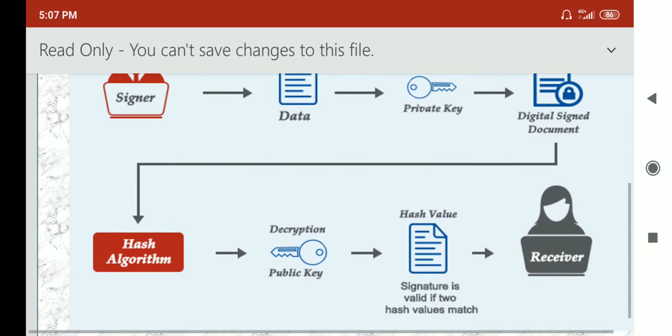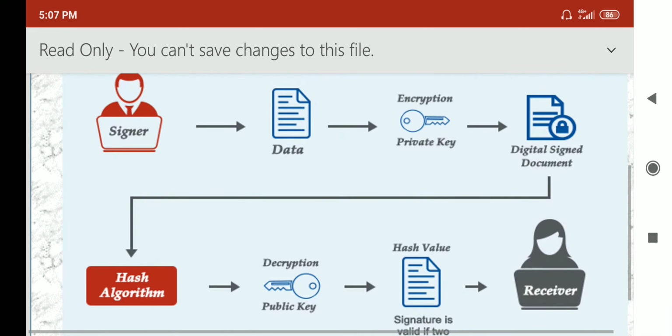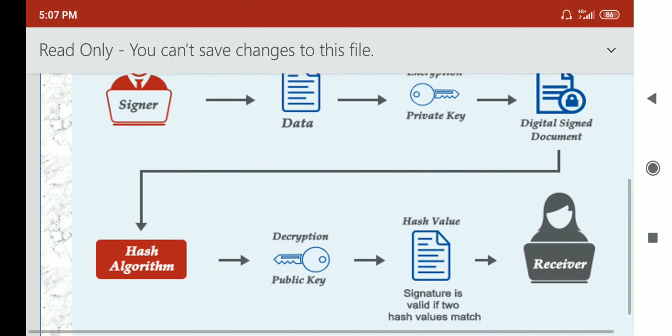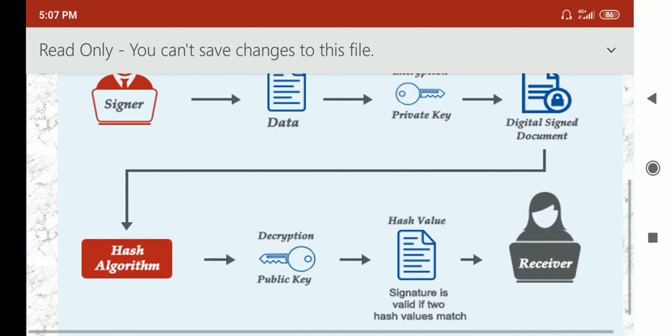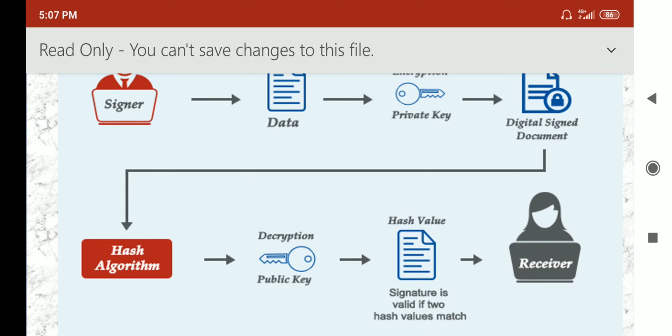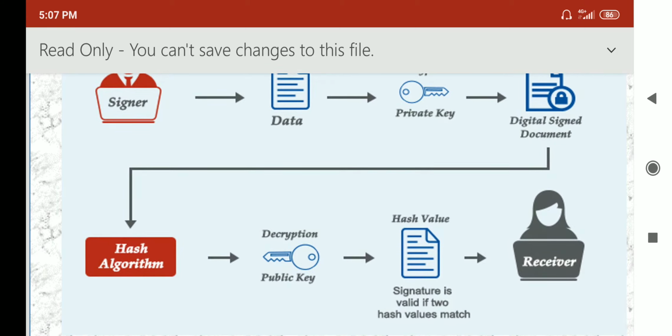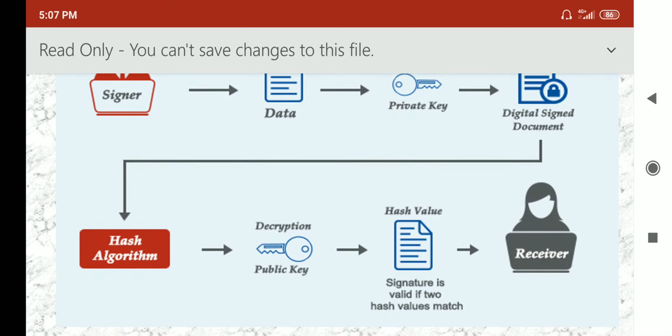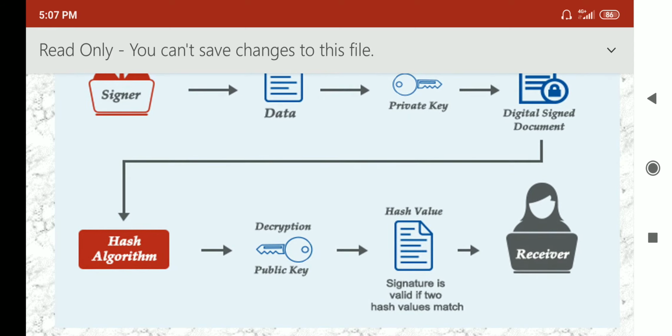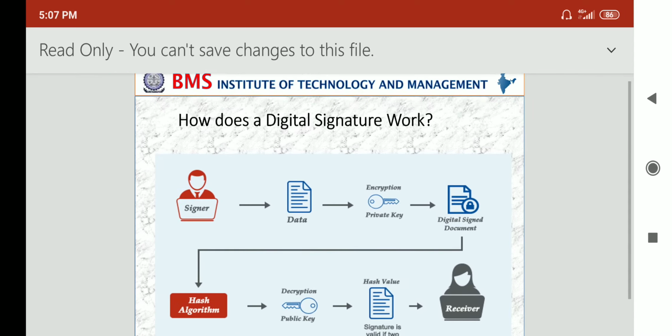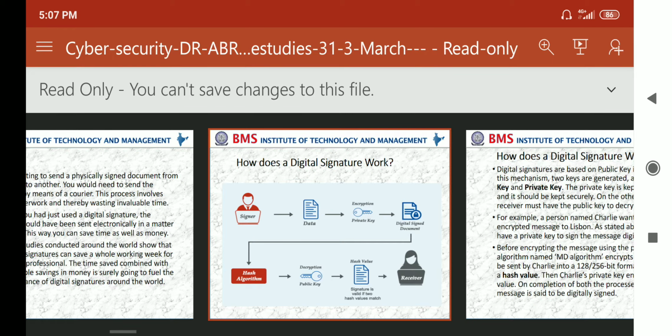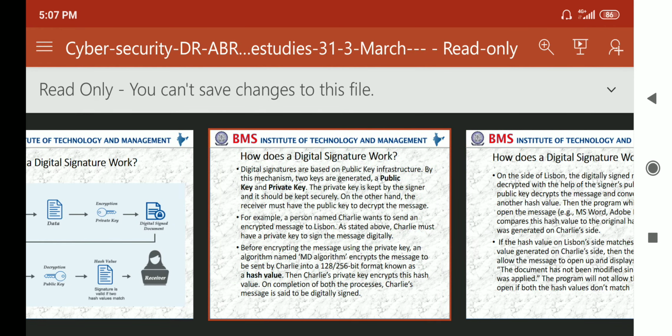Such a document will be hashed to get the hash of that document, and that will be sent to the receiver. He will decrypt it and he will get the hash value. The signature is valid if the two hash values match. This is how generally the digital signature works.